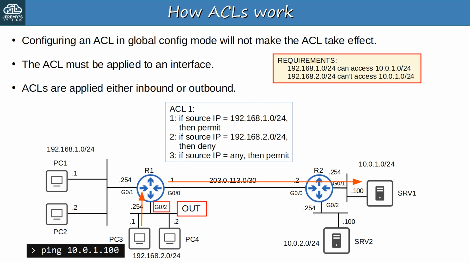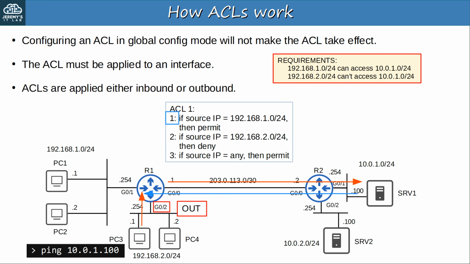So, R1 will forward the traffic to R2, which will forward it to server 1. Now, when server 1 sends the reply to PC3, R1 will check the ACL to decide if the traffic should be forwarded out of G02 or not. It will check the entries of ACL1 in sequence.